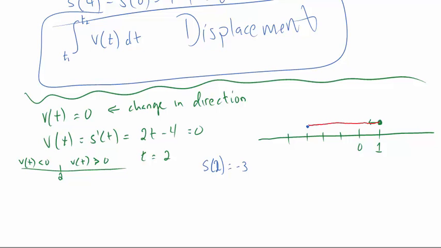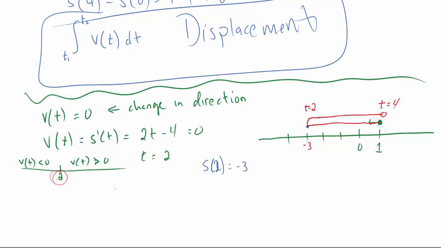I travel here, and then I change directions. And I already know that at t equals 4, I'm back at 1. We saw that earlier. And this is t equals 2, we're at negative 3. And I know this is the only direction change at time equals 2 because that's the only place that the velocity is equal to 0.